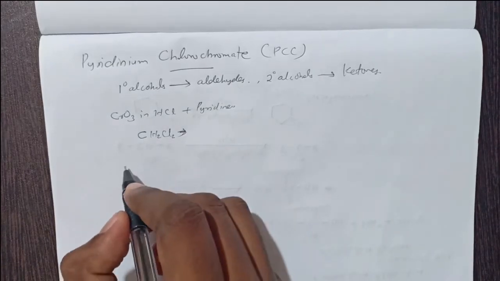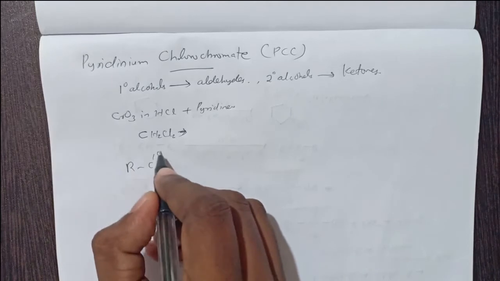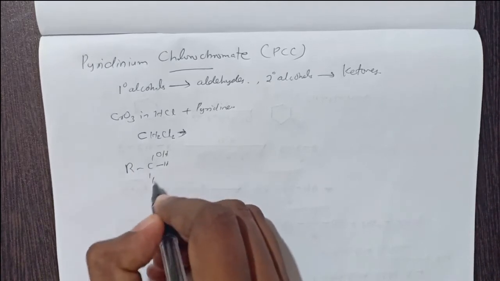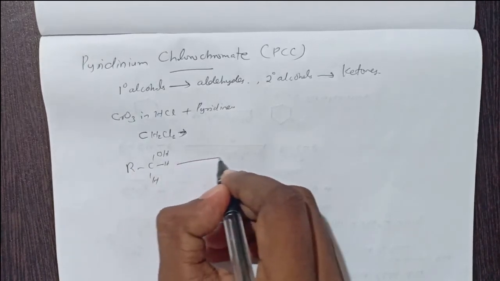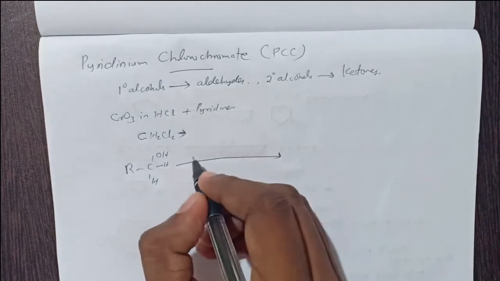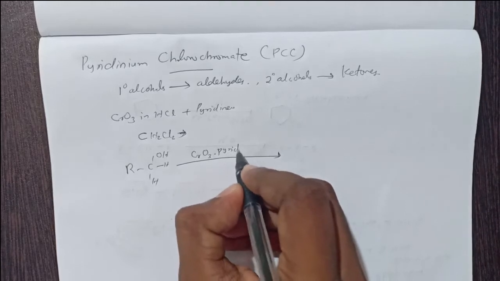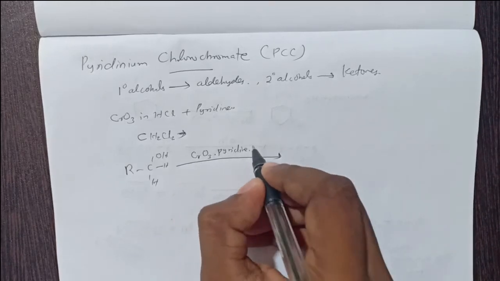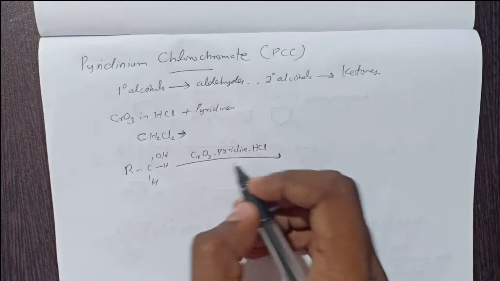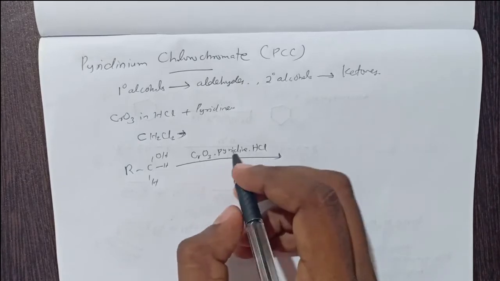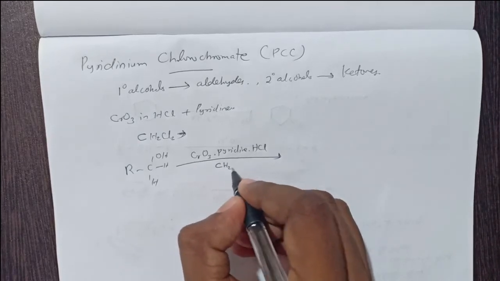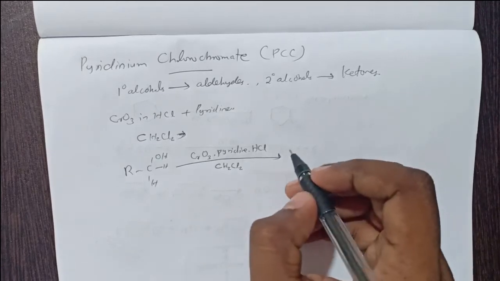So we are taking one example. Consider this alcohol, a primary alcohol, RCH2OH. Then CrO3, pyridine, that is PCC, HCl. You can write PCC like this, CrO3 pyridine in HCl, and the solvent is dichloromethane.